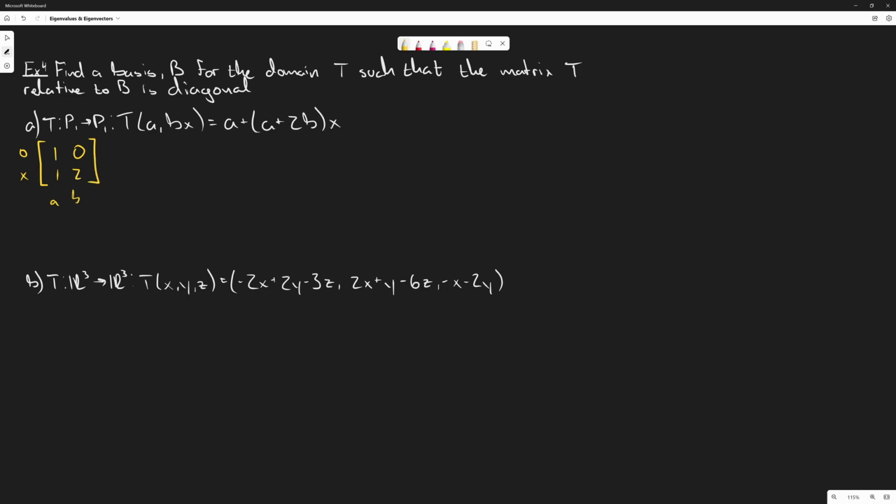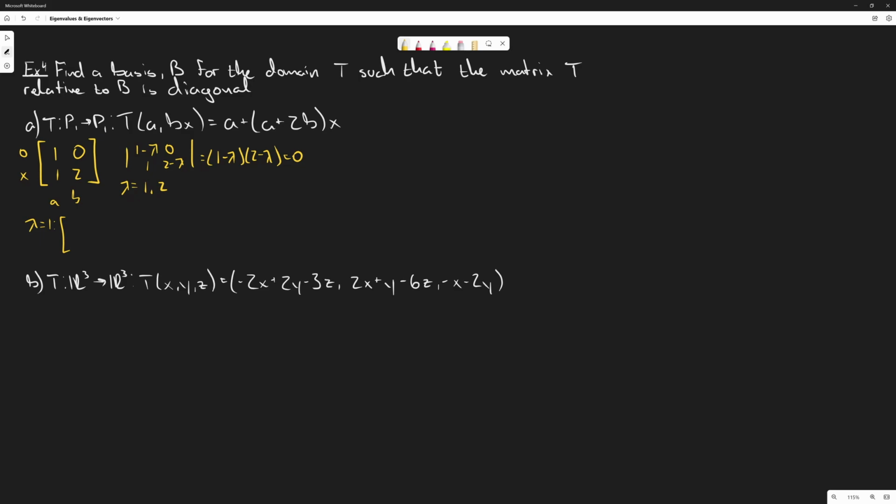Now we have to find the eigenvalues, so that involves the characteristic equation. We have 1 minus lambda, 0, 1, 2 minus lambda, which is simply 1 minus lambda times 2 minus lambda minus 0, equal to 0. So lambda is equal to 1 and 2.